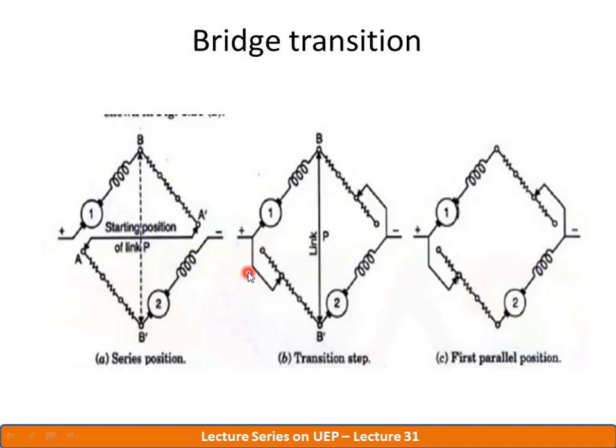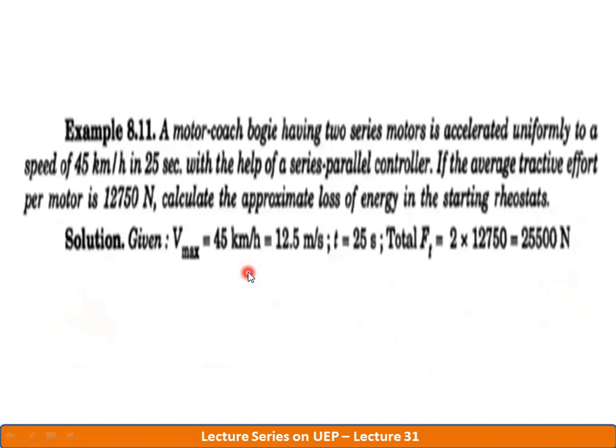We show a numerical example related to the shunt and series transition method. A motor coach bogie having two series motors is accelerated uniformly to a speed of 45 km per hour in 25 seconds with the help of a series parallel controller.